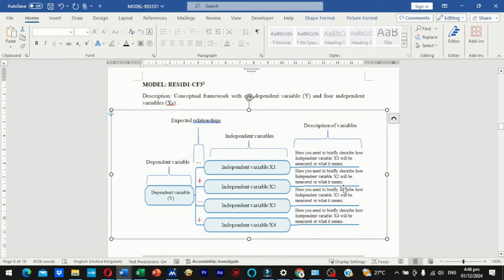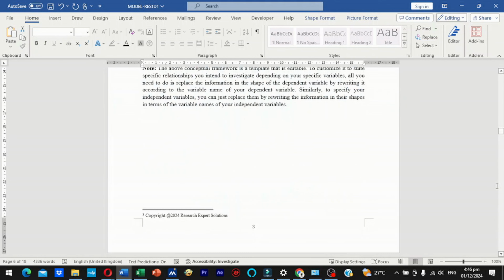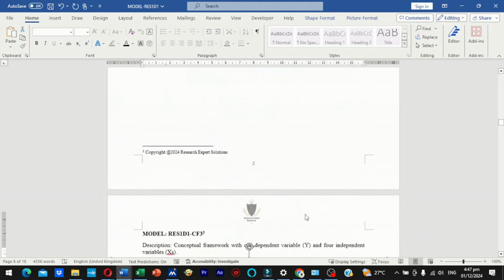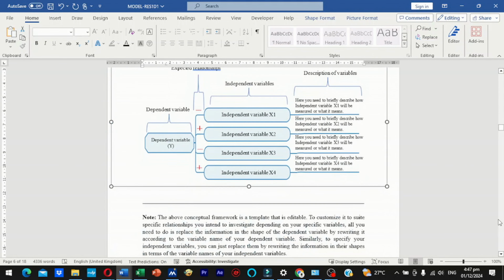So I say multiple because we have quite a lot of research conceptual framework templates, but you will notice that the only thing that is changing are the independent variables in terms of the number. However, the dependent variable is constant as 1, because in this case, we're only focusing. So this particular research conceptual framework that we're calling RES1D1 only has 1 dependent variable.